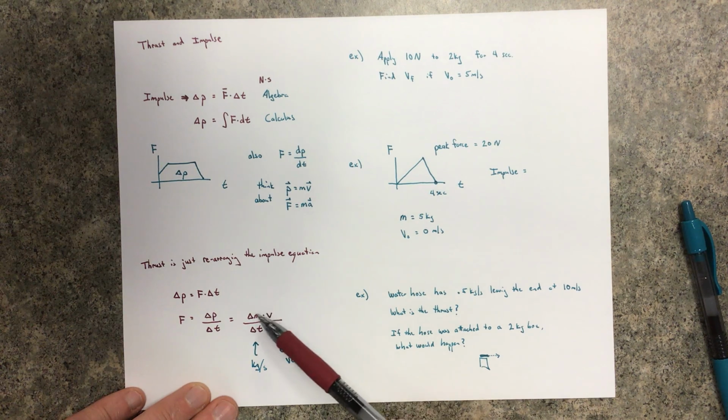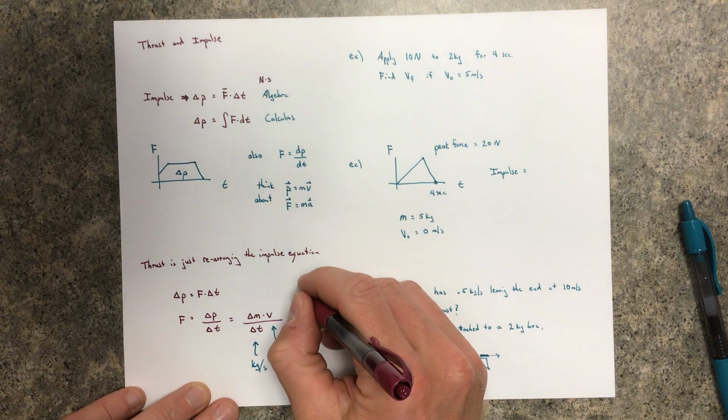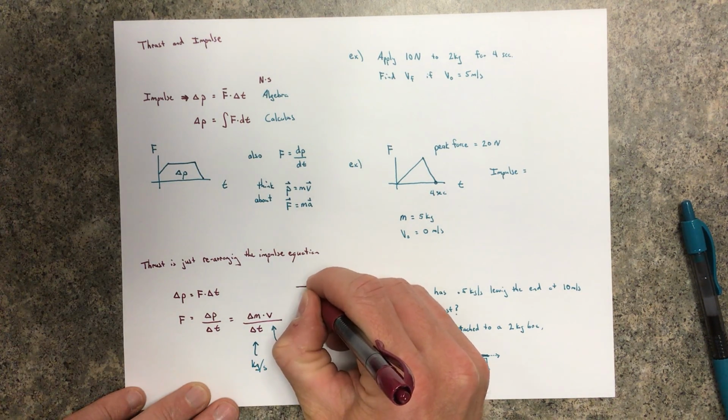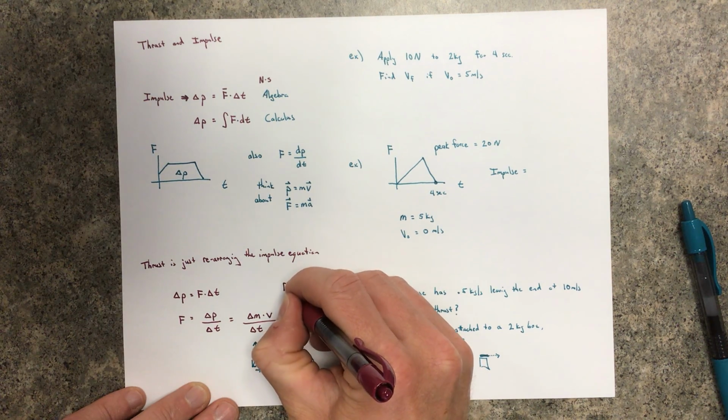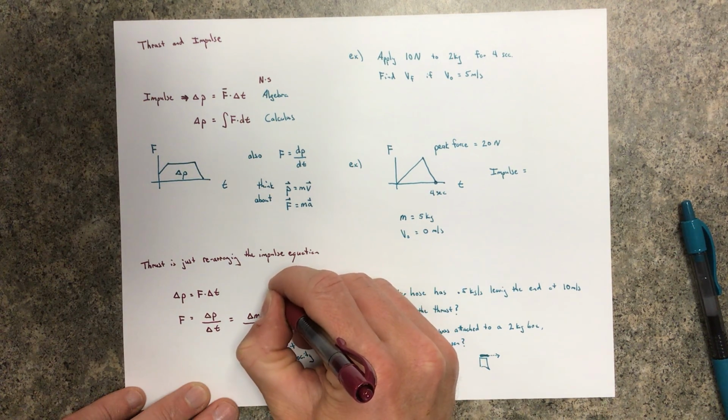Now, normally we say M delta V, but in a thrust case, this is like a fire hose, an exhaust of a jet engine or a helicopter, any of those things. What you're doing is you are throwing exhaust this way, and so the object goes this way with the thrust.